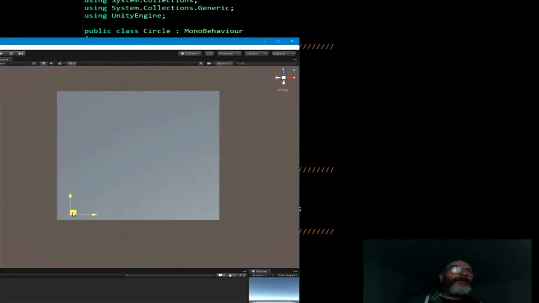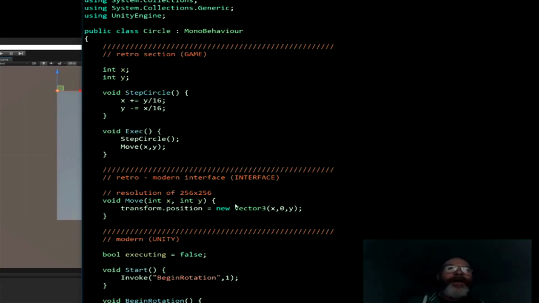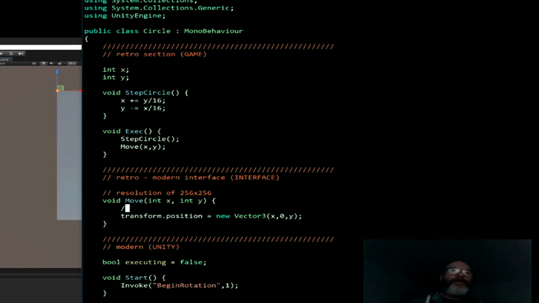So if I take that ball, it goes from minus 5 to plus 5 in each. 0, 0 is here, but if I want to go the full retro, 0, 0 would be up here. So I need to apply that transformation in here. So how does that work?